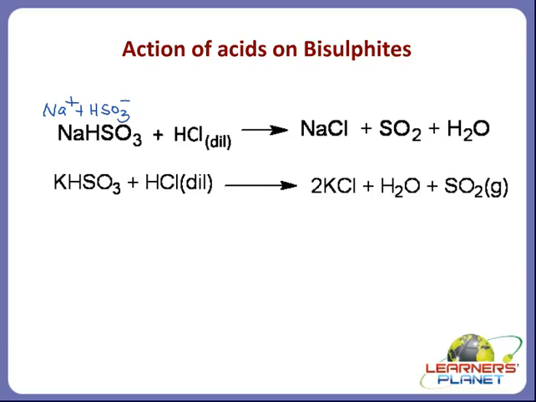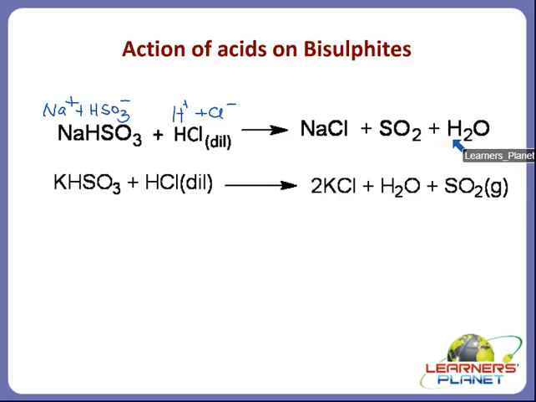Got my point? Now this HCl is forming H plus and Cl minus ions. So where is the reaction taking place? This Na is combining with Cl, forming NaCl. Out of HSO3, SO2 is released. What is left here is hydrogen, one oxygen, and this hydrogen will combine and form what?